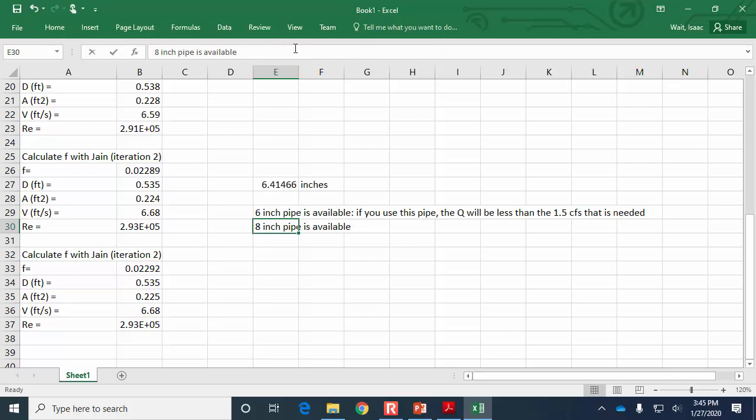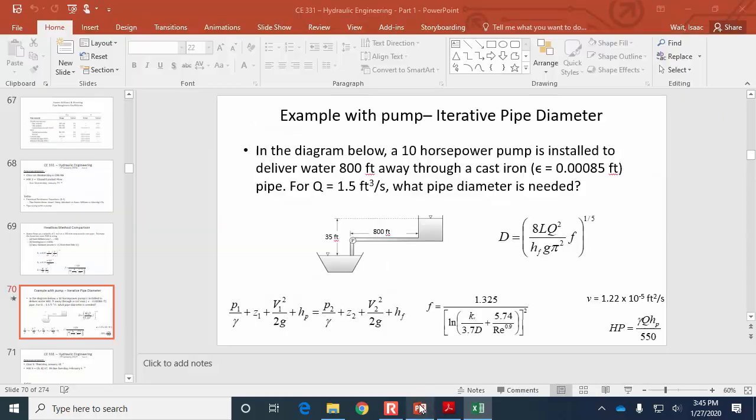If you use the bigger pipe, then you will get more than 1.5 CFS. So if they really only want 1.5 CFS, then your answer is use the 8-inch pipe and put a valve in. Because you can close the valve down a little bit and control the flow rate from there.